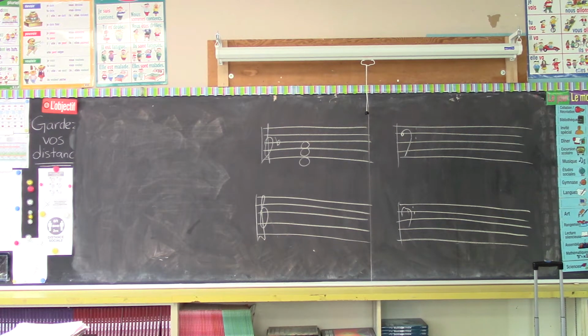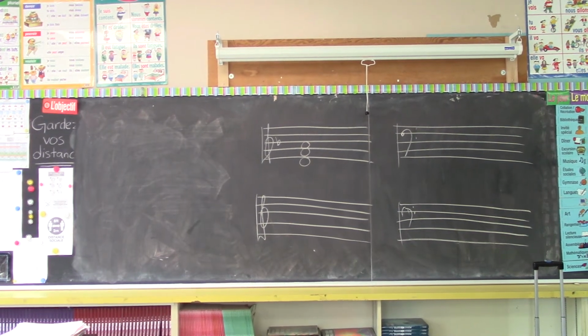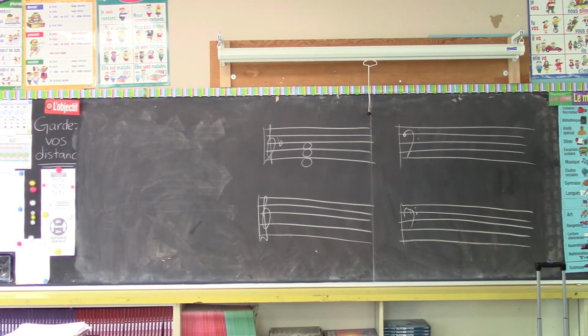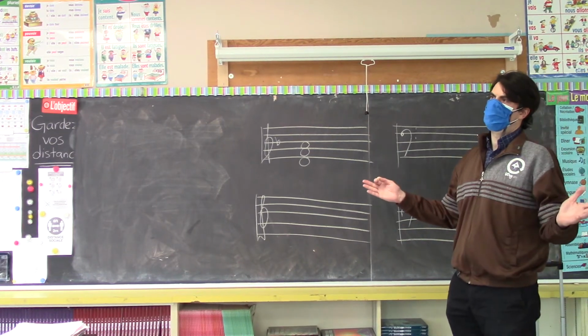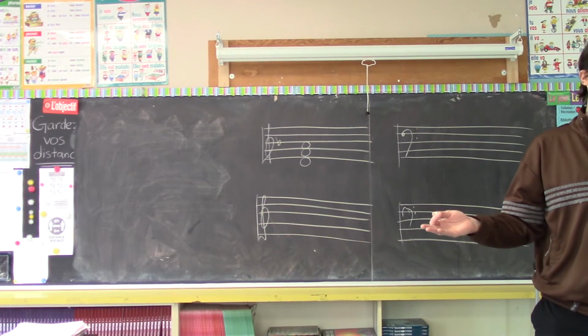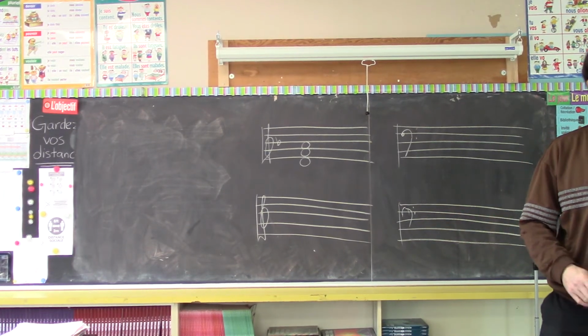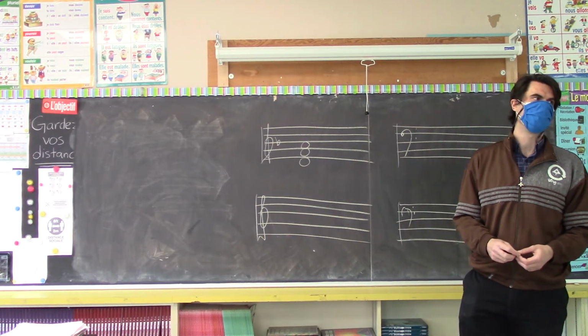You can count the steps between what and what? Exactly. Between the root and the third and the third and the fifth. Or you can just play it on piano, because you can hear the quality. That would be ideal, right? But you're not always near an instrument to be able to do that. But good point. Absolutely. You could just play it and listen for the quality.